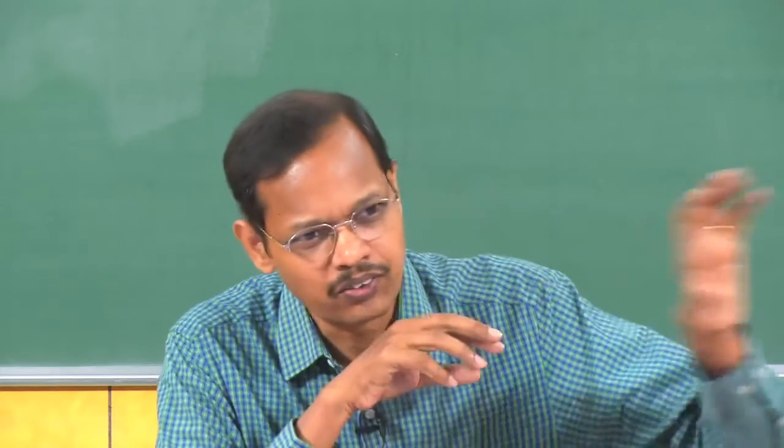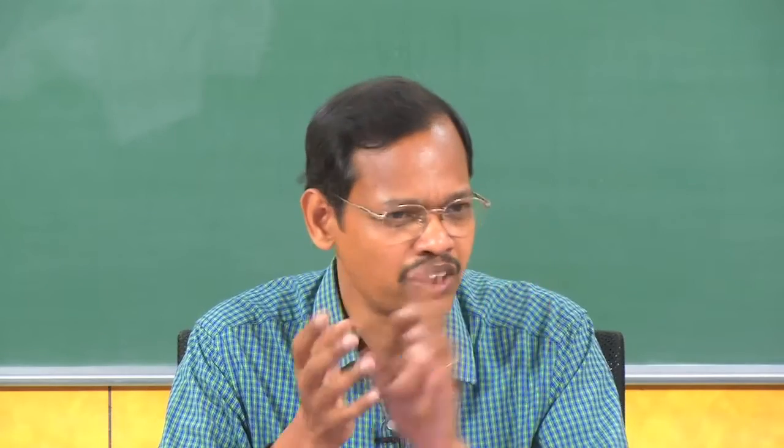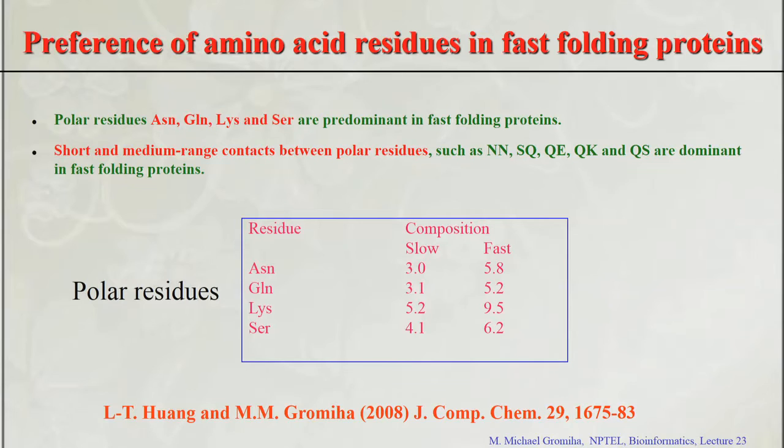If you take the fast folding proteins as one group and the slow folding proteins as another group, and look at the amino acid composition, preference or contacting pattern, we can see some patterns for the slow and fast folding proteins. For example, the polar residues asparagine, glutamine, lysine and serine are predominantly present in the fast folding proteins.